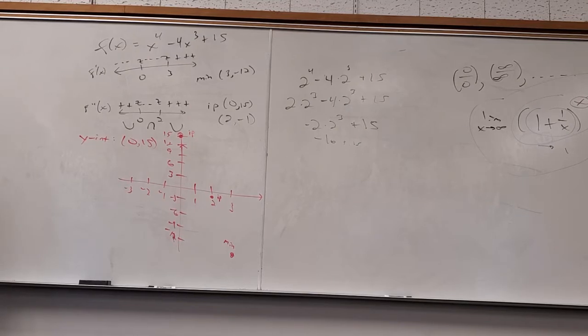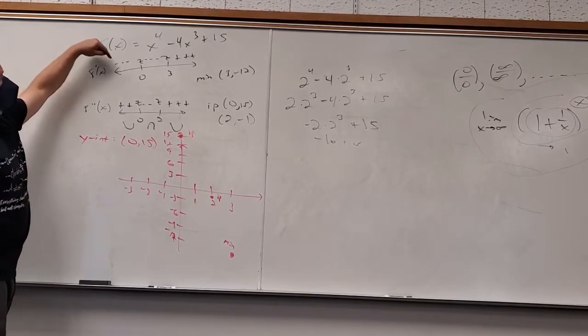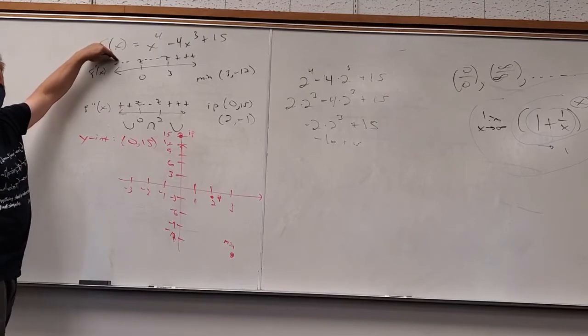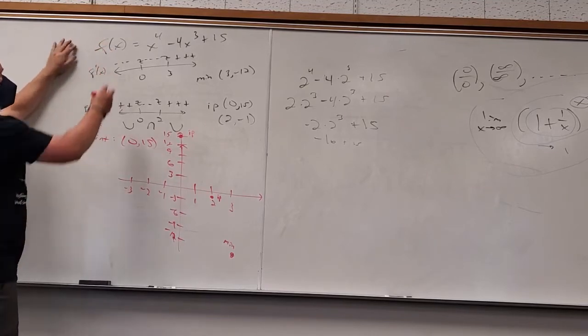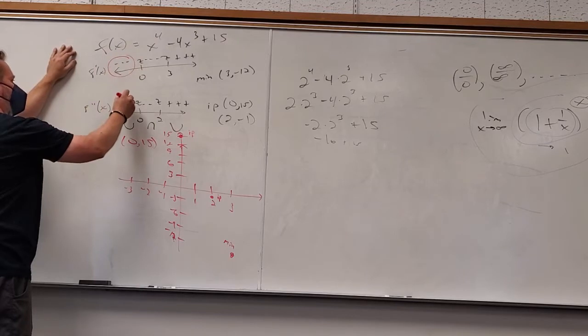Let's see. Trying to think about. No, all right. One thing you could do. Do you see how it's decreasing here? And it's concave up. So you always kind of want to see how are you starting.